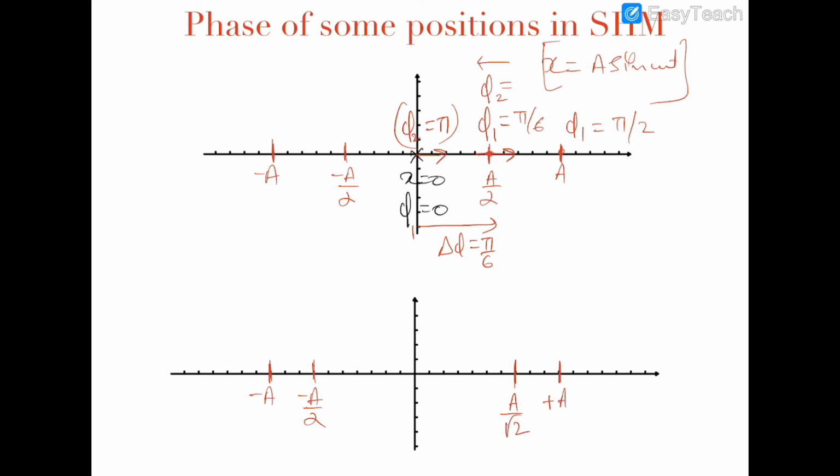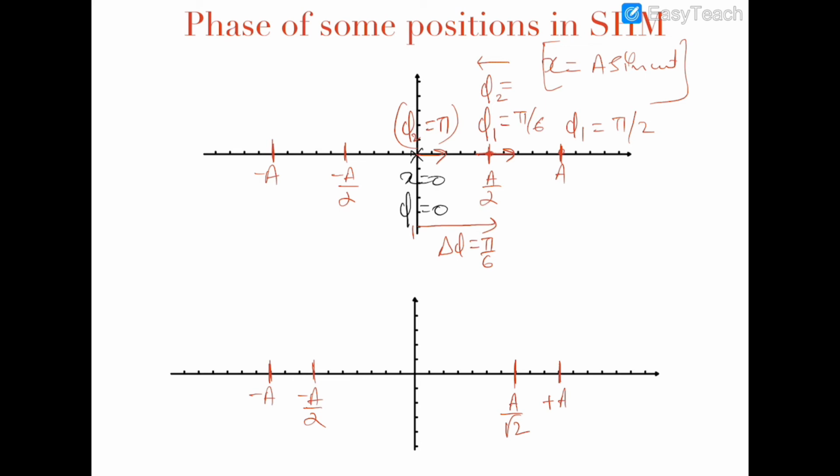So you can see that the phase change when the particle has moved from x is equal to 0 to x is equal to a by 2 is pi by 6, and therefore you can say the phase change when the particle will move from a by 2 to 0 will be the same, which is pi by 6.